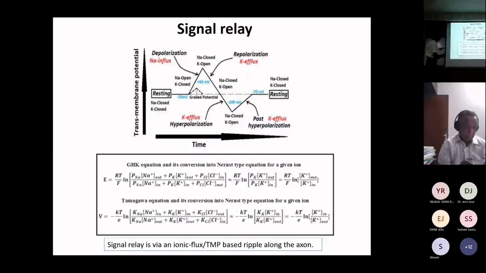Ionic fluxes, variation. Basically, you consider the cell as a simple solute system inside and outside, and then you get a potential variation purely due to some ions being pumped from inside to outside and outside to inside.